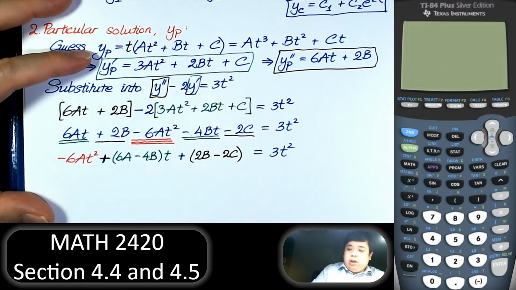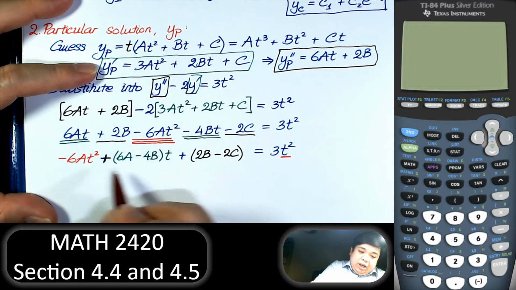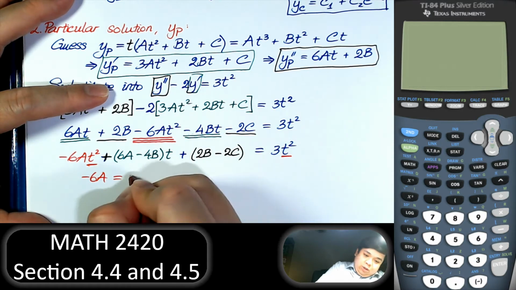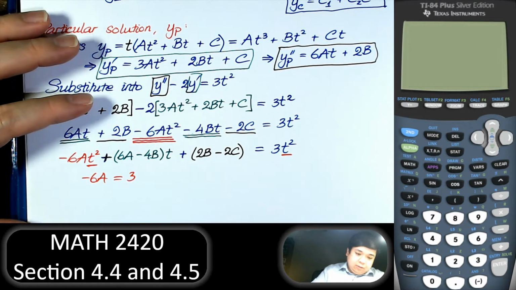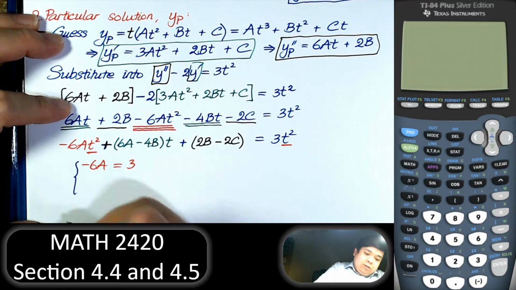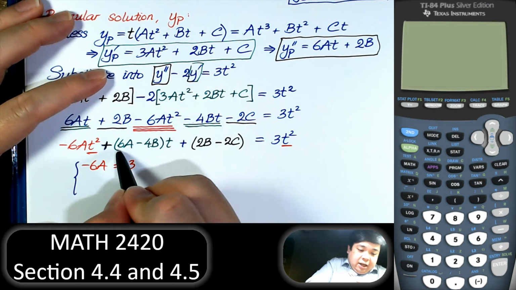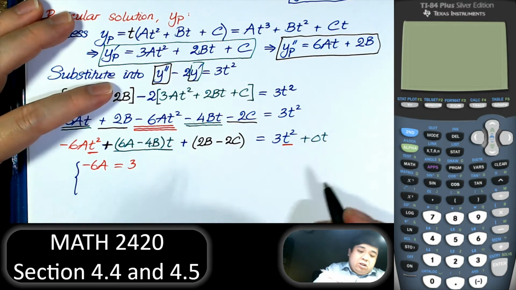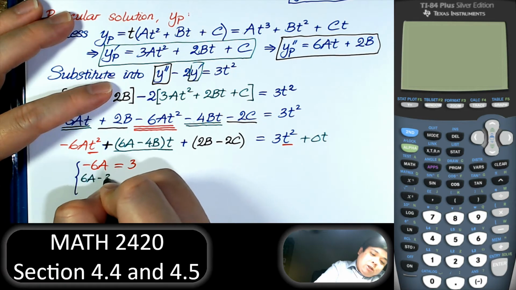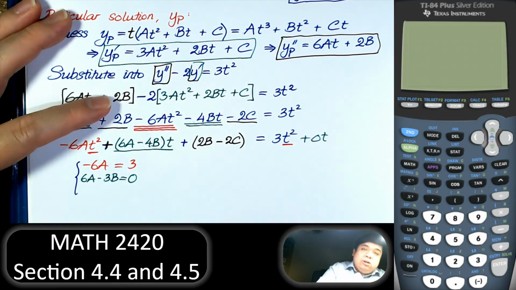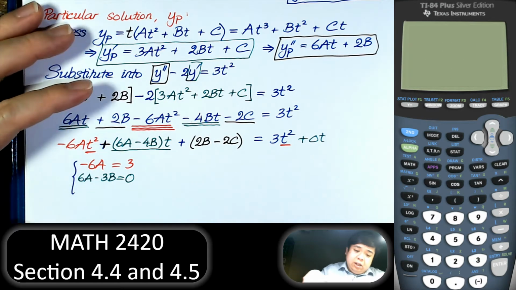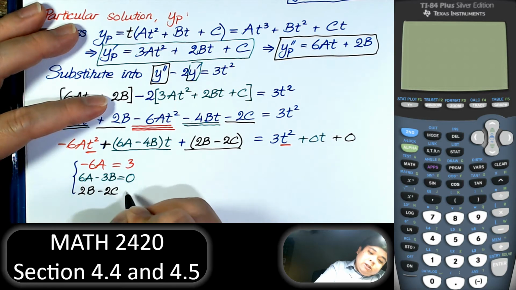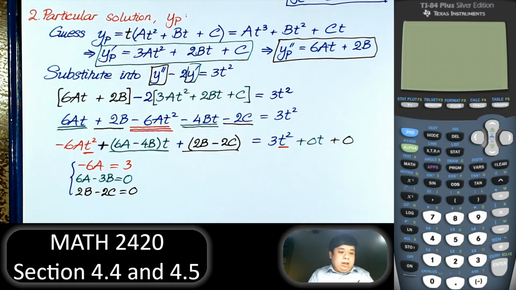Now we're just matching the t squared here, the coefficient must be the same. So negative 6a is equal to 3. That's the first part. Second, this term has no t on the other side, so we have 6a minus 4b equal to 0. And finally, there's nothing on the other side for the constant.